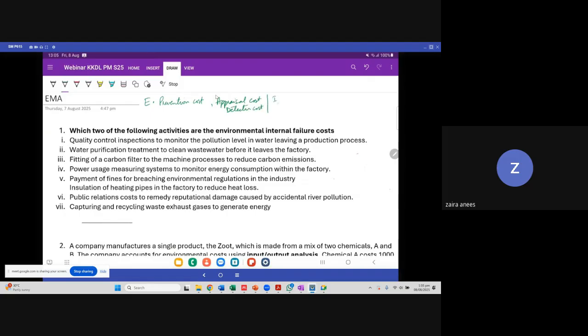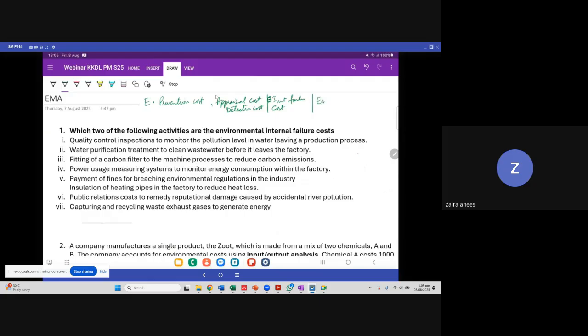Then internal failure cost. Environmental internal failure means that you have produced the bad output, and you don't want to discharge it to the environment before doing some procedures. So the cost of neutralizing it is internal failure cost.